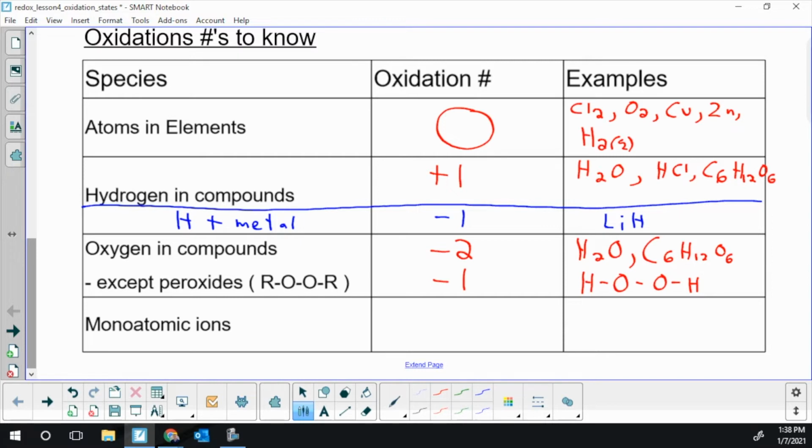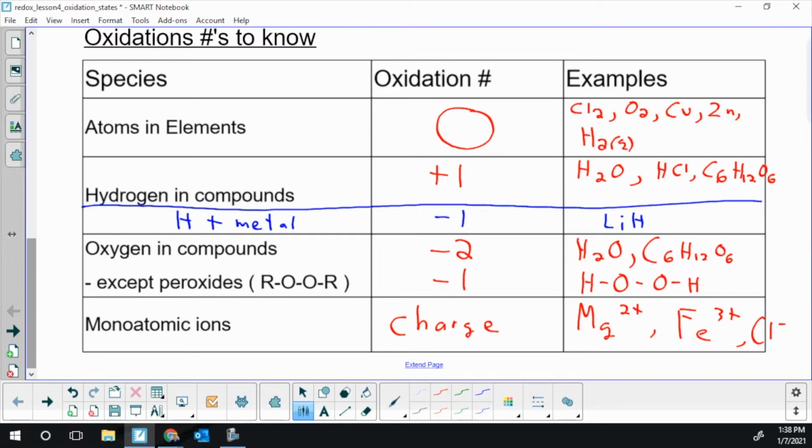That would be something like magnesium 2+, or maybe you have Fe3+, or Cl-. The oxidation number is just the charge. And again, we've already looked at that. But it's one of those trends you need to be aware of, and it's going to show up.